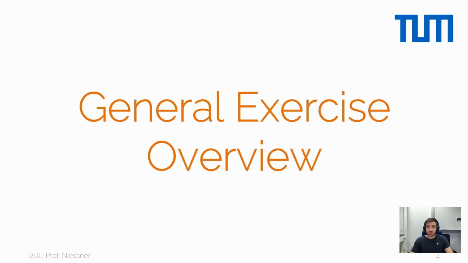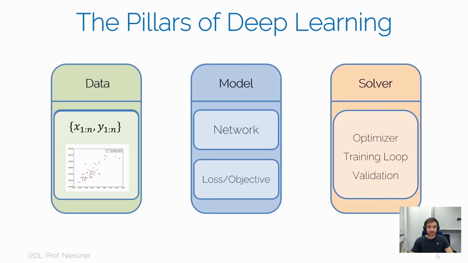To give you a general overview of the exercises, let's start with the so-called pillars of deep learning. These are basically some separations of such a pipeline, and on the left side you can see that we have a data pillar. These deep learning approaches are heavily data driven, so data is the main driving factor and the source of basically the information we want to distill.